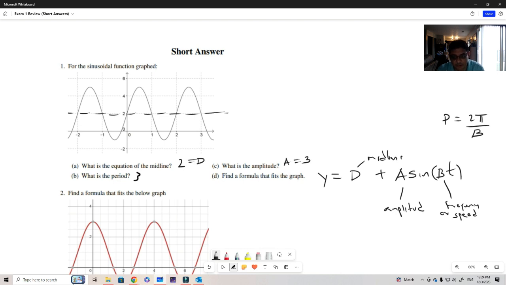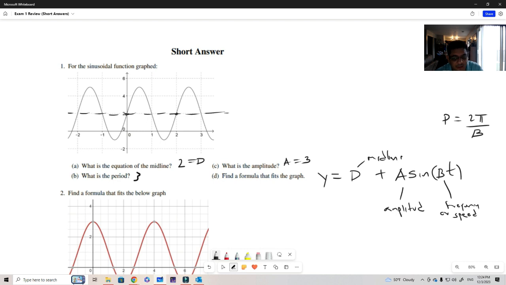Now for the period, you can calculate using the distance between two of the same points. So for example here, you can check that this point is going to repeat itself here at 2. So you can take even the midpoint, or you can take this one.